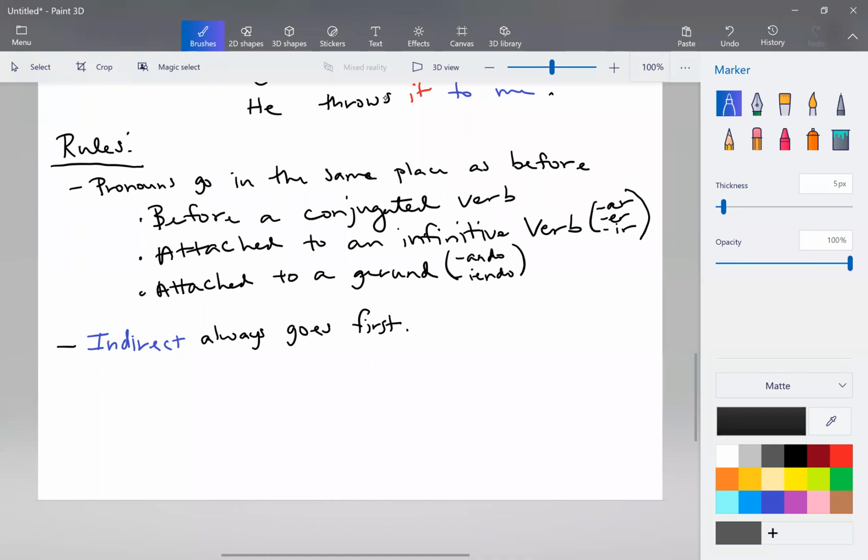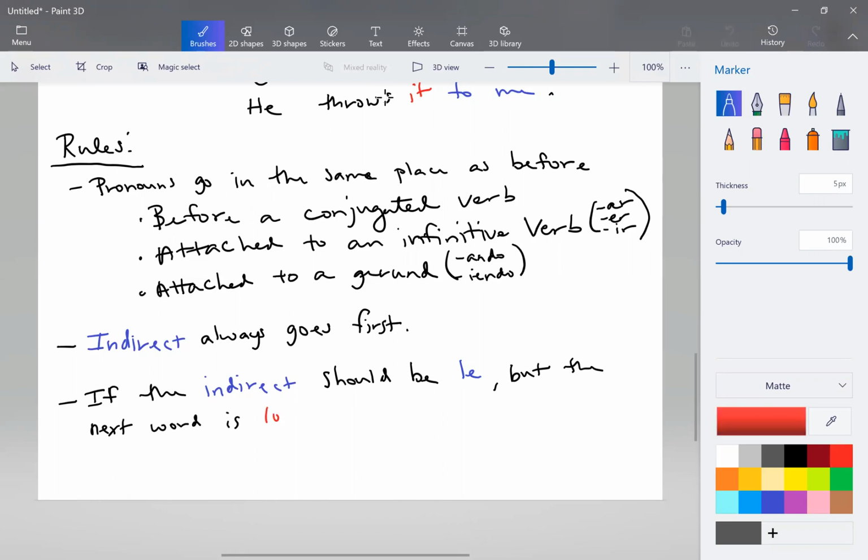And if the indirect should be le, let me fix that handwriting, it's terrible, should be le, but the next word is lo, la, los, or las, so an L word.